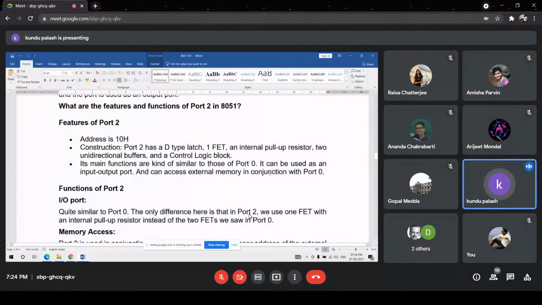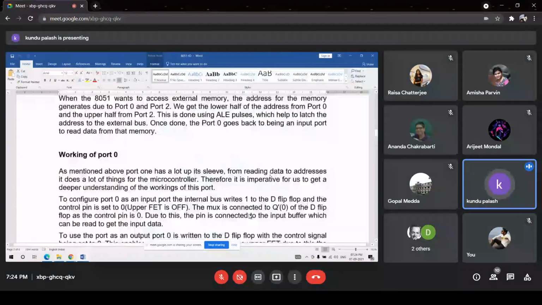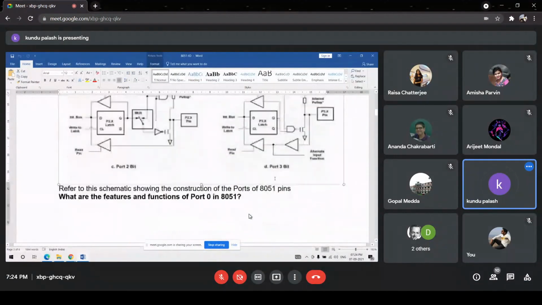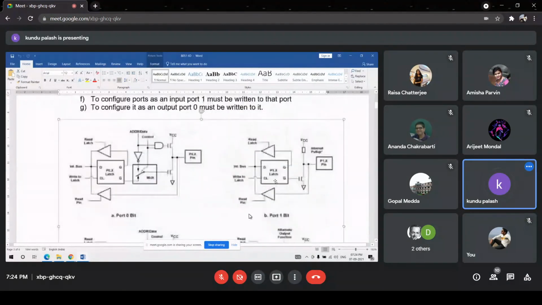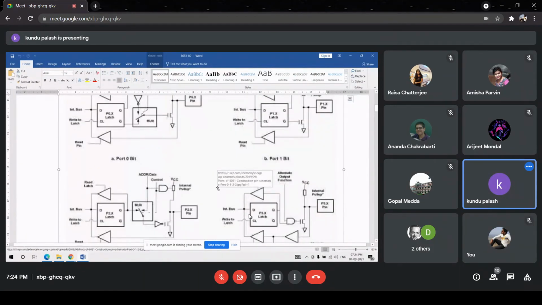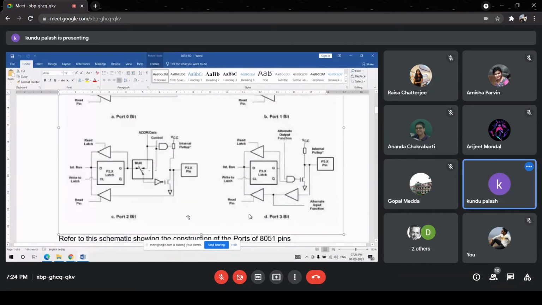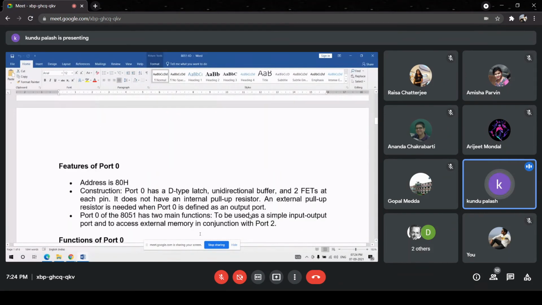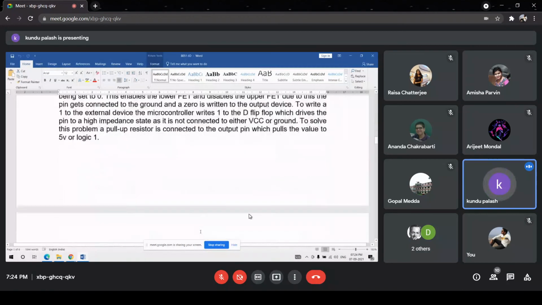What is the feature of port 2? First of all, the circuit of port 2 is also different. It's like that. It has an internal pull-up resistor as well as a mux, combining the features of port 0 and port 1. Now, what is the function of port 2?